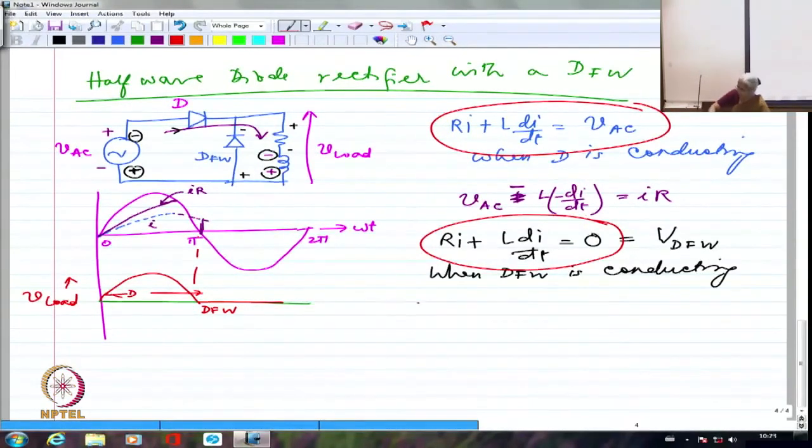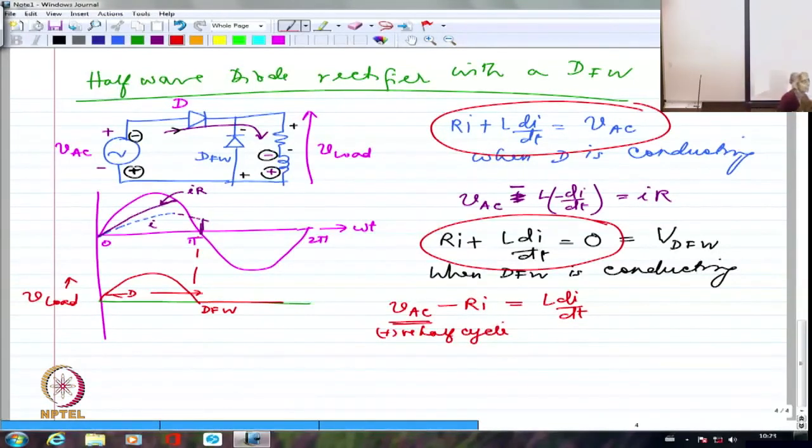Right? When VAC was in positive half cycle, fortunately for me, it was actually aiding the inductance stored energy. VAC and inductance stored energy together actually made up for whatever is the resistance loss once the current started declining.